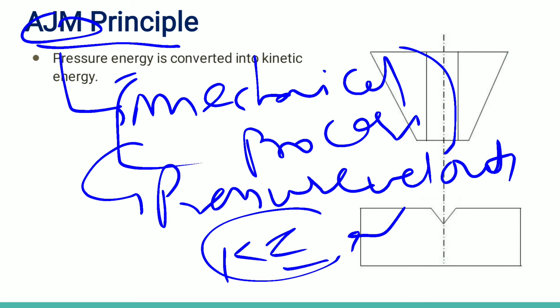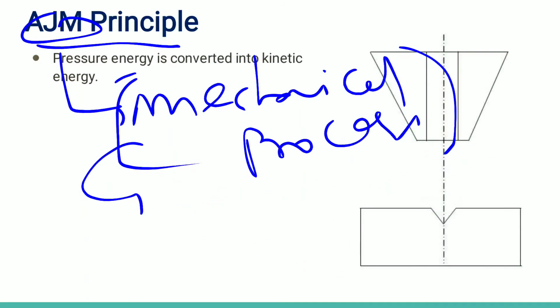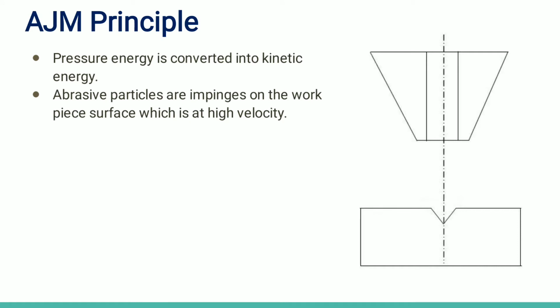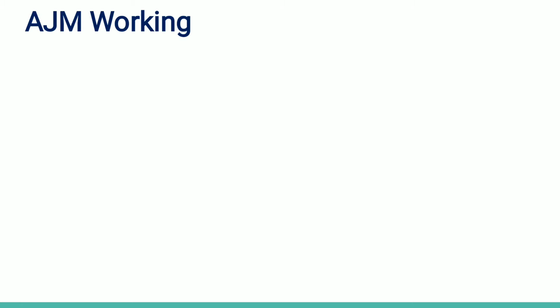The abrasive particles at the exit area, when they impinge over this surface, have some kinetic energy, and because of this kinetic energy only, the material is removed from the workpiece surface. So this is completely a mechanical process in which the pressure energy is converted into kinetic energy. The abrasive particles impinge on the workpiece surface, as I have already said. So this is the very simple principle of abrasive jet machining.